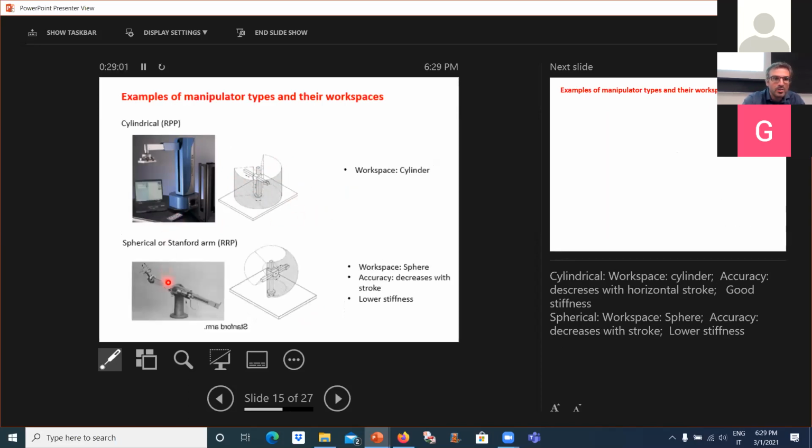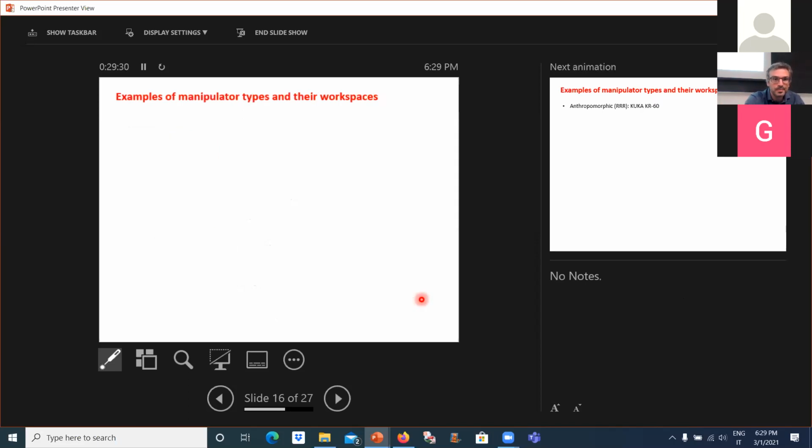The spherical manipulator was also called the Stanford arm and has a spherical workspace. Of course, it's a section of a sphere because of the kinematic limits. The cuts you see here are due to the fact that you cannot move the joints 360 degrees. And the accuracy, as in the case of a SCARA, decreases with the stroke, as you extend, because of the lower stiffness.